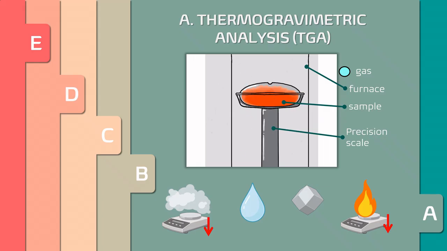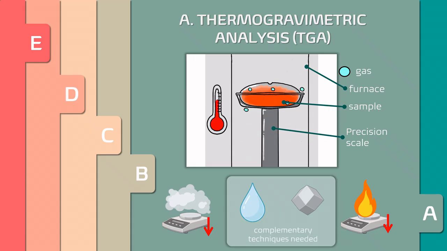If that's the case, changes in the mass will be detected and plotted, while others only imply a heat transfer enthalpy without modifying the sample mass, such as melting point or crystallization. In the latter case, no signs will be detected during TGA, and complementary thermal techniques, such as differential scanning calorimetry, or DSC, may be needed. In other words, TGA only reveals changes associated with variation in sample weight.